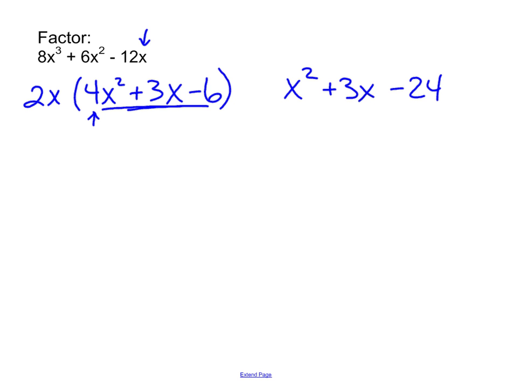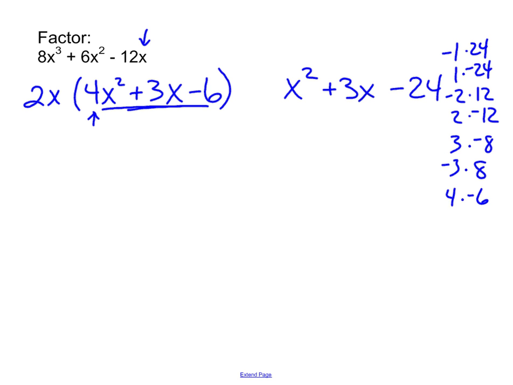And so we want our factors of 24. So negative 1 and 24, 1 and negative 24, negative 2 and 12, 2 and negative 12, 3 and negative 8, negative 3 and 8, and 4 and negative 6, and negative 4 and 6.